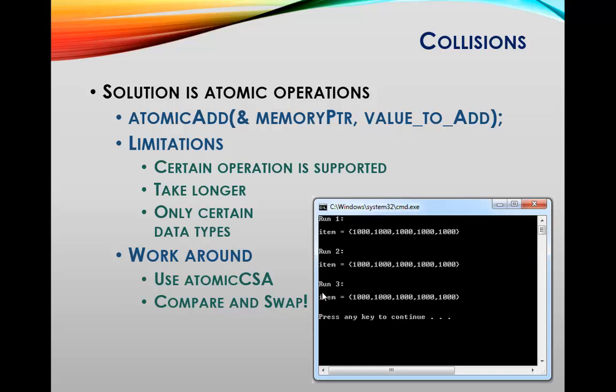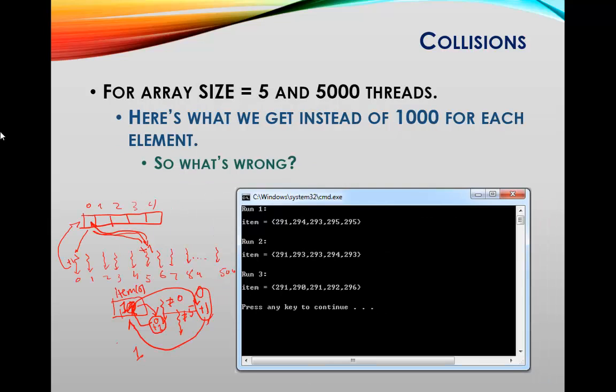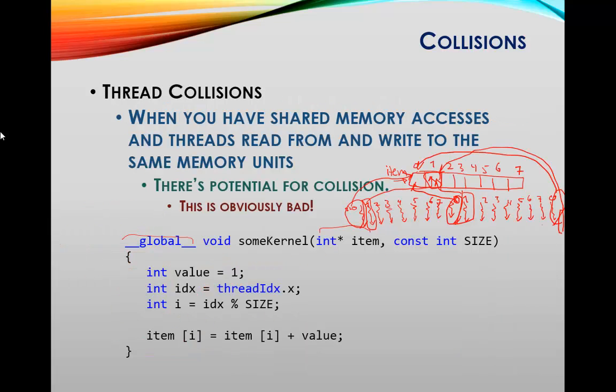Now to solve that problem, there's a workaround. We can basically serialize our thread accesses. And to serialize our thread accesses, we will use atomic operations. Now, if you look at my previous problem, what I did is that when I calculated the location of each thread in the element, I read essentially from my element, then I incremented that value, then I wrote that increment result into my element.